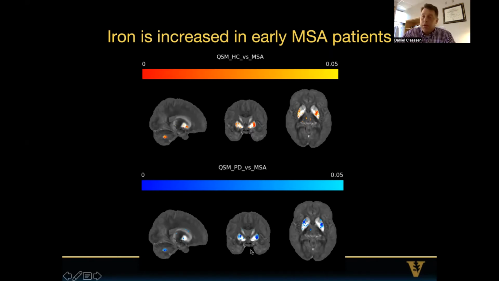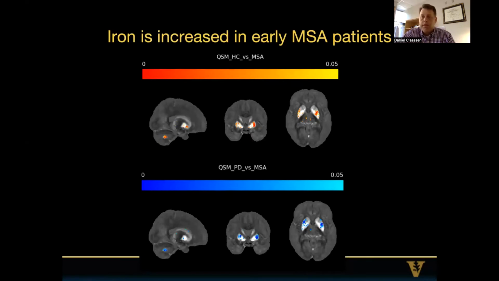And we show that here in the bottom, where we take a group of patients with Parkinson's and a group of patients with MSA, and we do that same comparison. We see that MSA patients have higher iron in the cerebellum, higher iron in the putamen, higher iron in the globus pallidus. And of course, the question is, what's the iron doing there? Is it part of the pathogenesis?